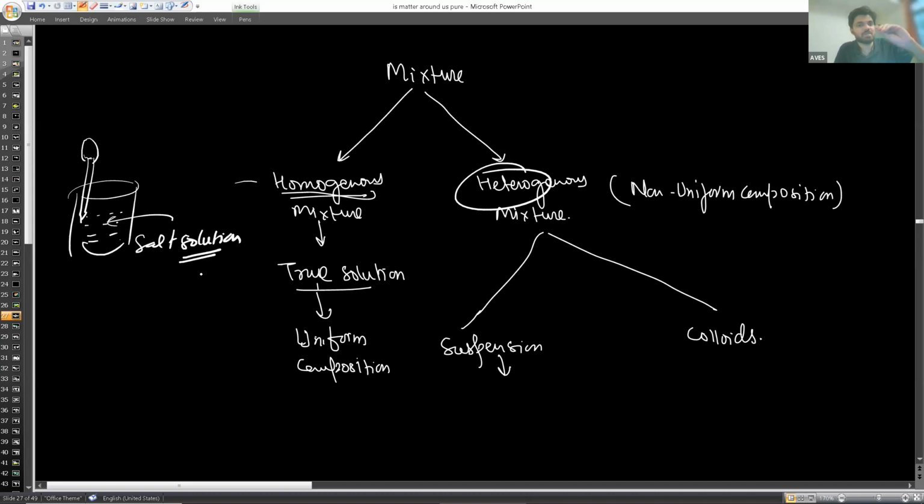Suppose 50,000 particles of salt are present. If in the next 1 ml it is approximately the same, we are not saying it can be exactly 50,001; it can be 50,000, 400, 49,000 something. But there cannot be much difference. They have uniform composition throughout the solution.